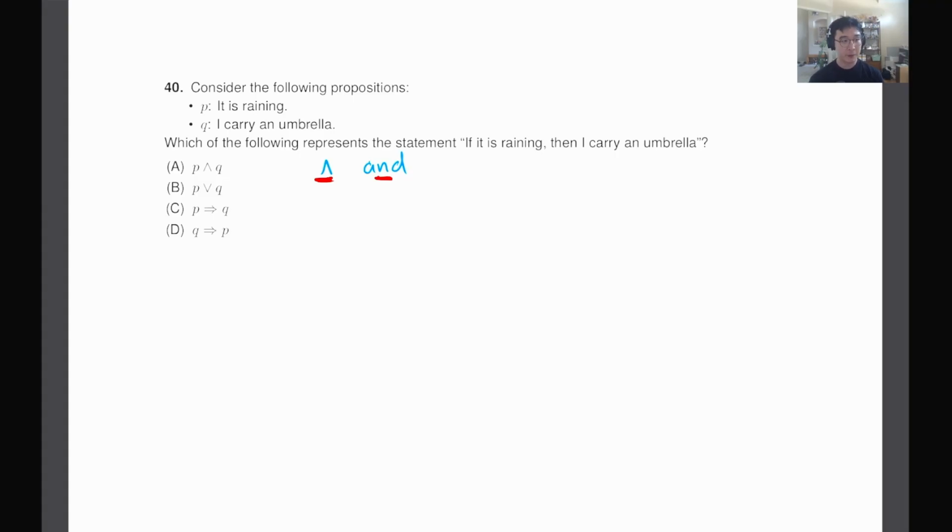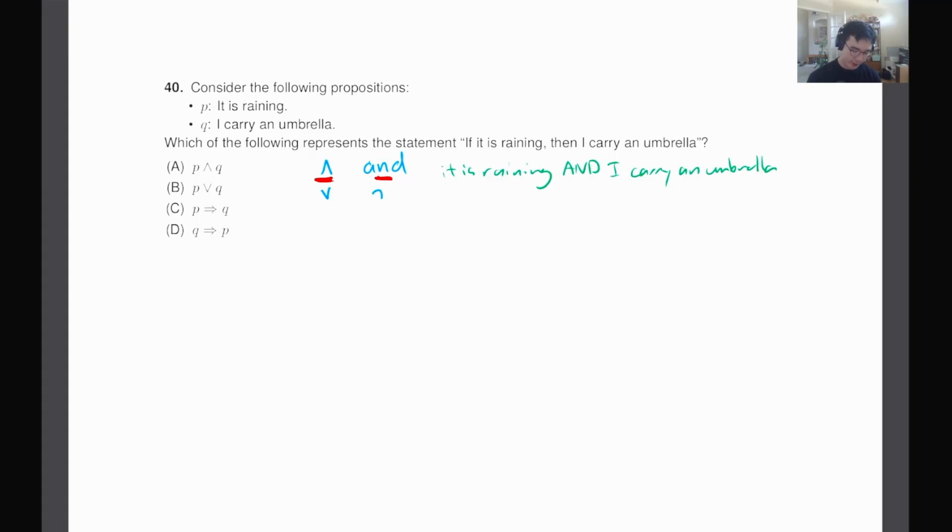So if we were to write P and Q, it would look like this: it is raining and I carry an umbrella. That is and. So I got B. B has this symbol right there.